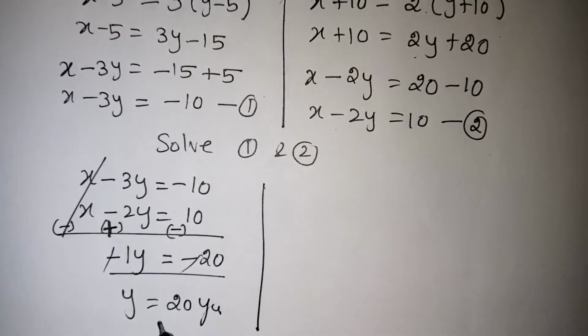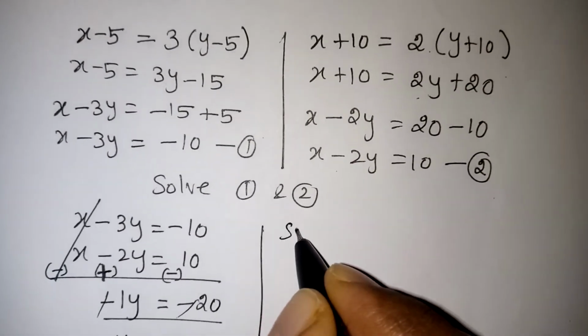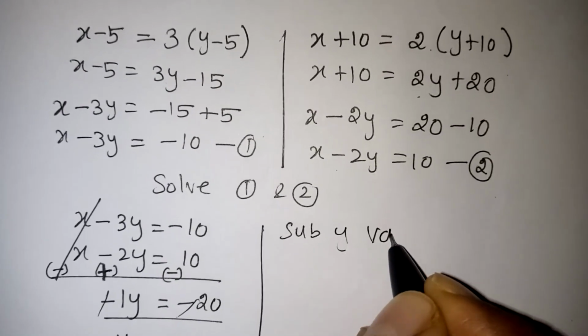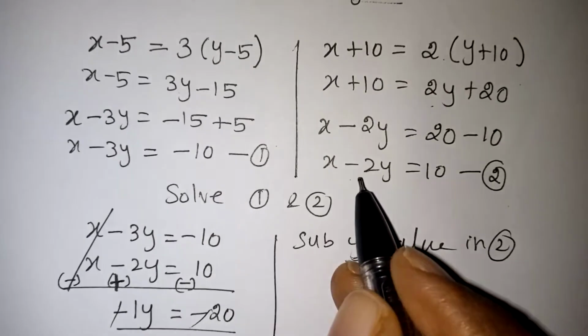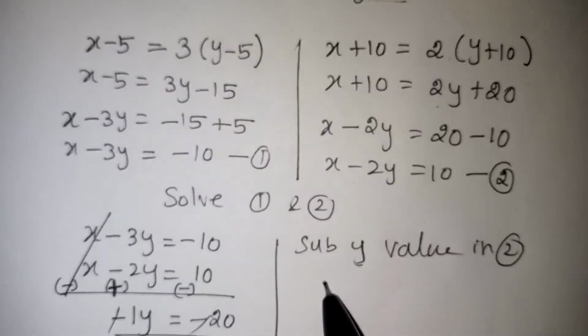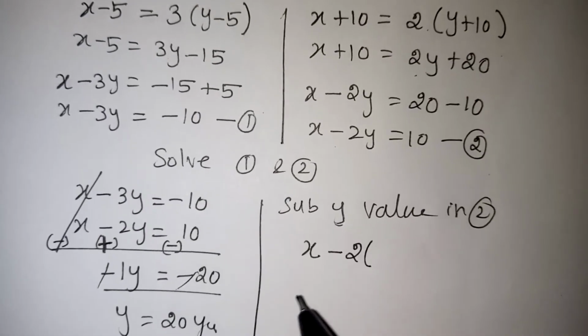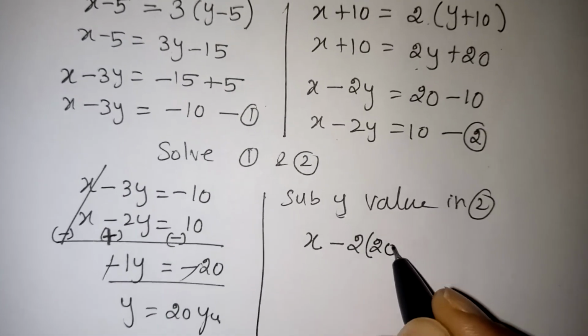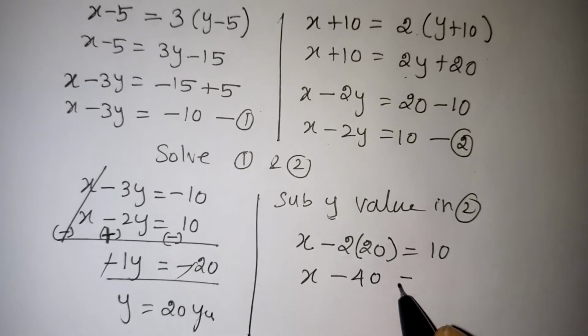Now the Y value we have to substitute in any one of the equations. Let us substitute in the second equation. In the second equation, the X value I don't know, so keep X as it is, minus 2Y. Minus 2 into Y, in place of Y we got 20, which is equal to 10. So X minus 40 is equal to 10.